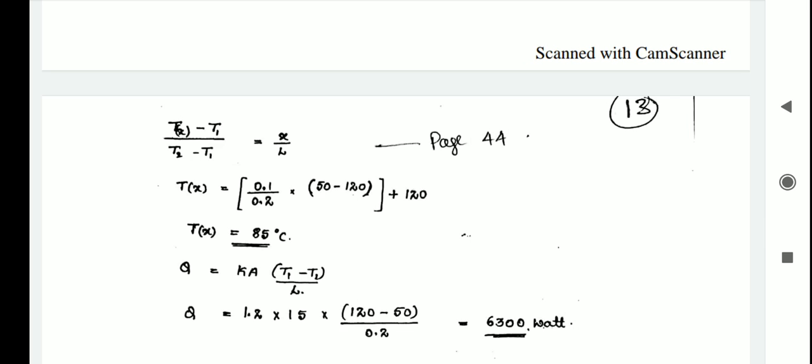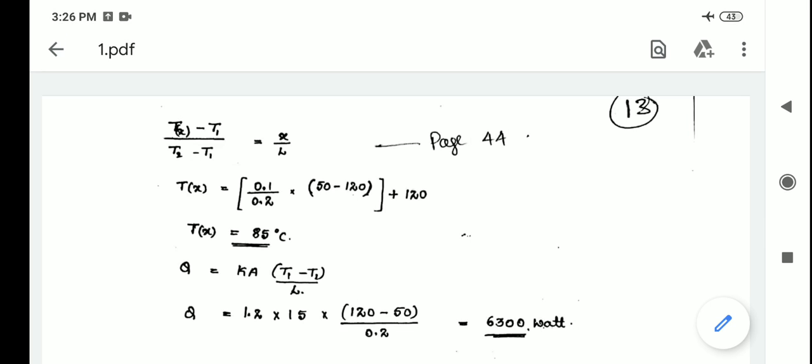So interchanging, you will get Tx = (0.1 divided by 0.2) into (50 minus 120) plus 120. So the temperature at distance x becomes 85 degrees Celsius.